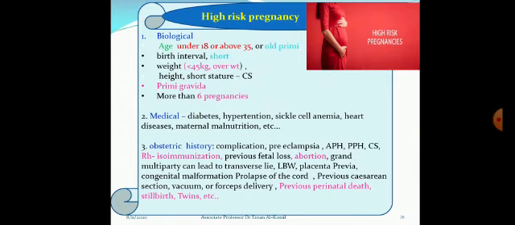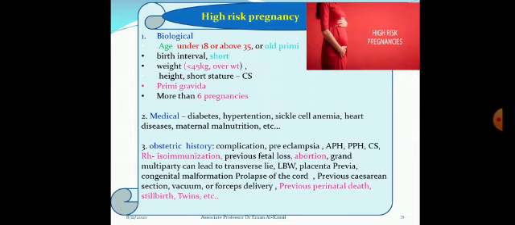Especially if she has her first child after the age of 35, what is called an elderly primigravida. So the younger the mother or the older the mother, they are regarded as risk factors for having many complications during pregnancy or delivery.